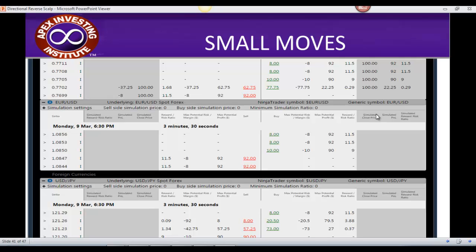They're 3 ticks wide. Well, what happens here? Look at this one at 0.26 on the buy side. What is it? $20.50. Look at the difference of just 3 ticks. Look at the bid and ask. Instead of $8 and $20, $57 and $73. You see that? What's the difference here on 3 ticks?